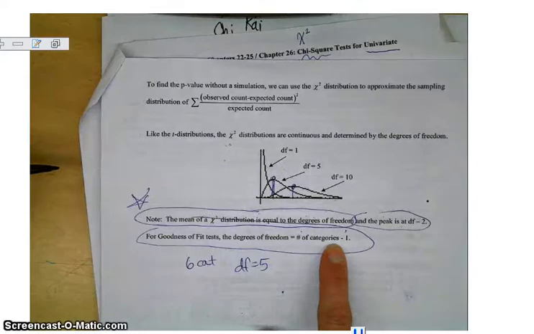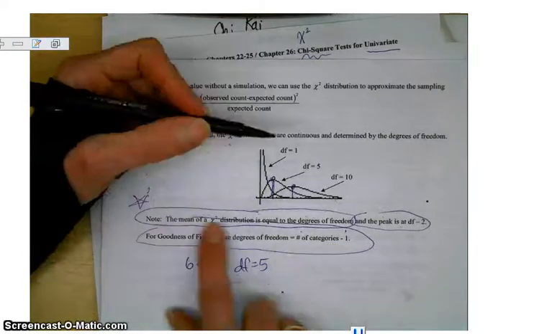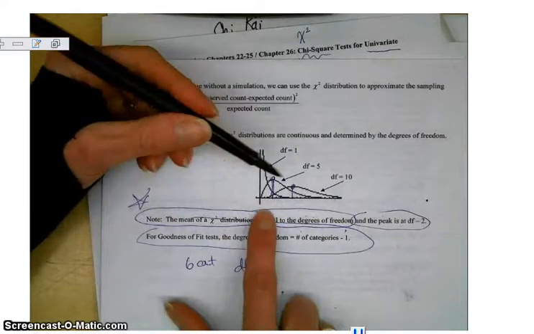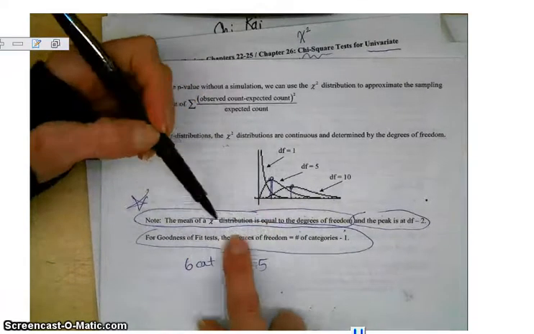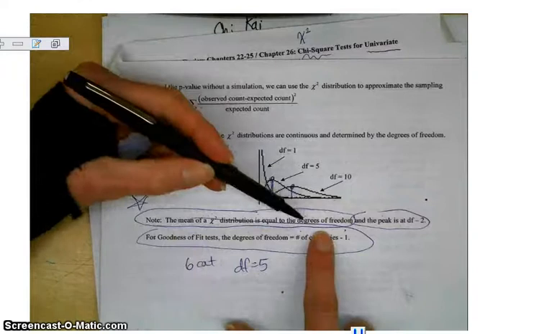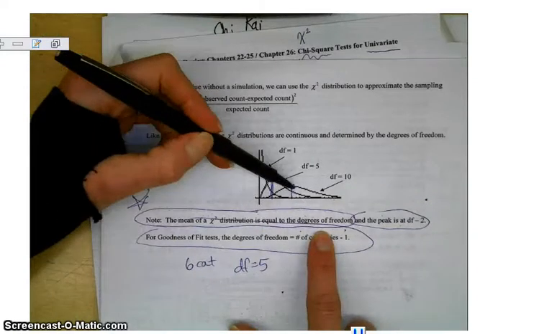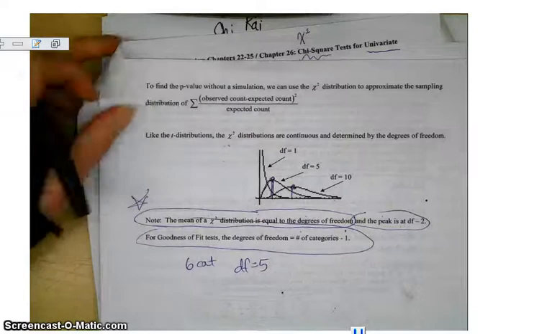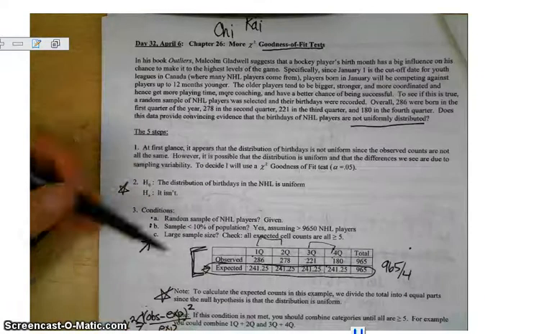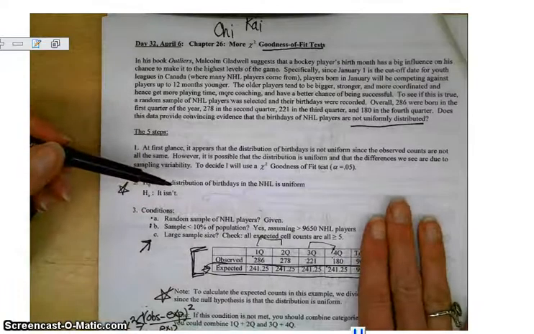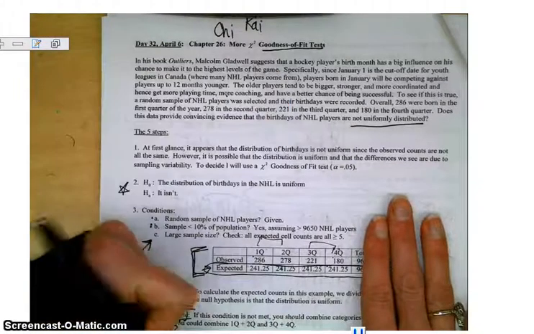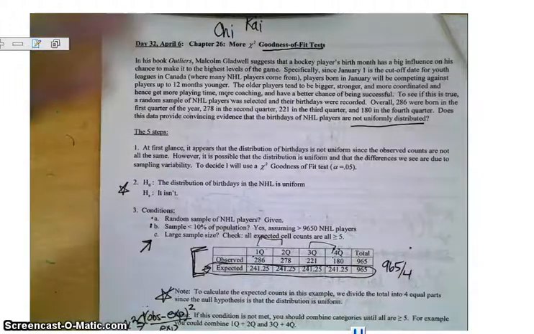Basically the shape of the graph is determined by the degrees of freedom, and the mean is the degrees of freedom, and the peak, in other words the highest part of the graph, is the degrees of freedom minus 2. But degrees of freedom is the number of categories minus 1. In this case, the total doesn't count as a category, so we have 1, 2, 3, 4 categories minus 1. So the degrees of freedom is 3.